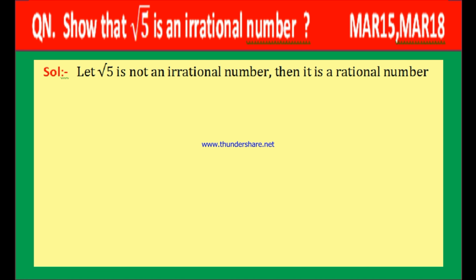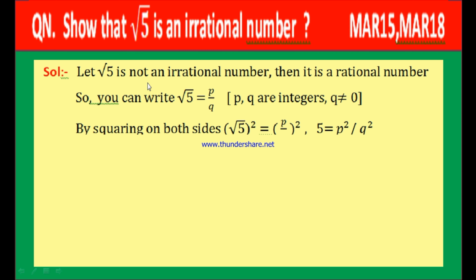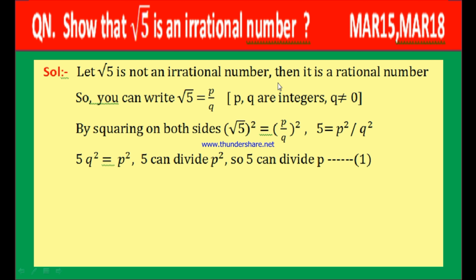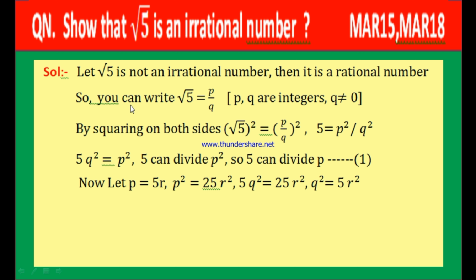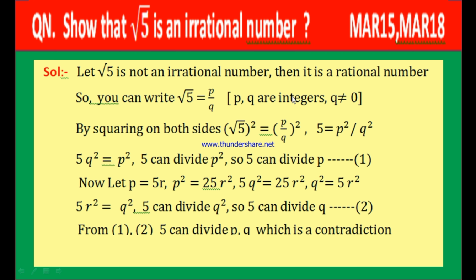Again, we will solve this by an indirect method. That is, we will assume that the given statement, root 5 is an irrational number, is false. Let root 5 not be an irrational number. If root 5 is not an irrational number, then it should be a rational number. If it is a rational number, you can write it in the form of p by q. So, you can write root 5 is equal to p by q, where p and q are integers and q is not equal to 0.